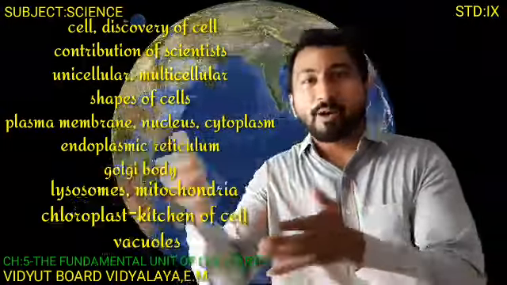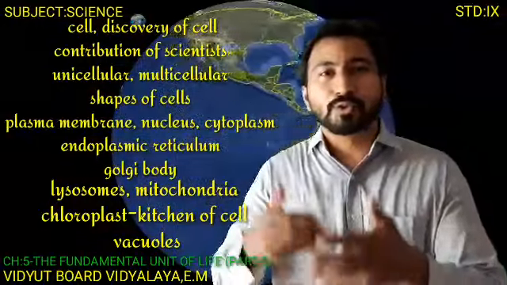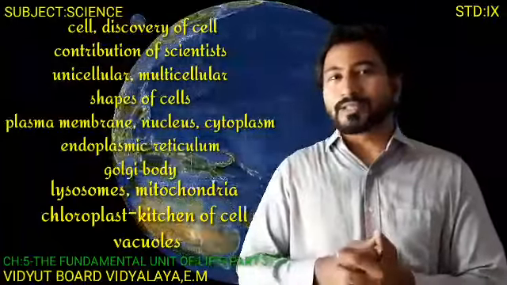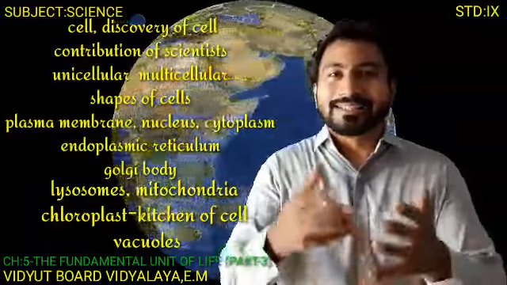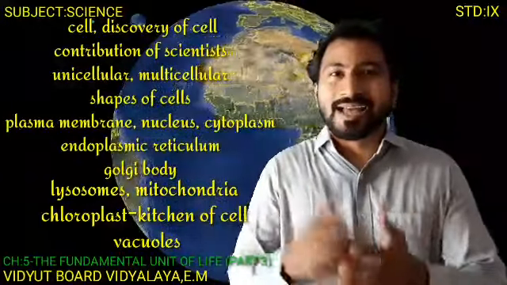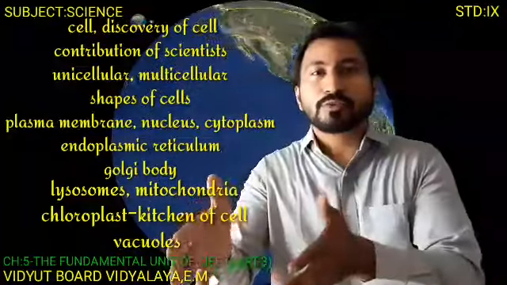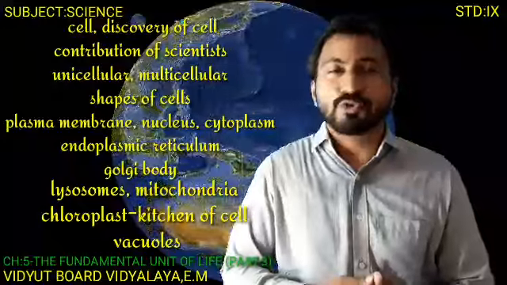Furthermore, we went on to the nucleus, how the DNA is responsible for the transfer of characteristics from one generation to the next. We went on into the cytoplasm, dealt with a lot of organelles like the endoplasmic reticulum, how it has been categorized into the rough and the smooth based on the presence or the absence of ribosomes.